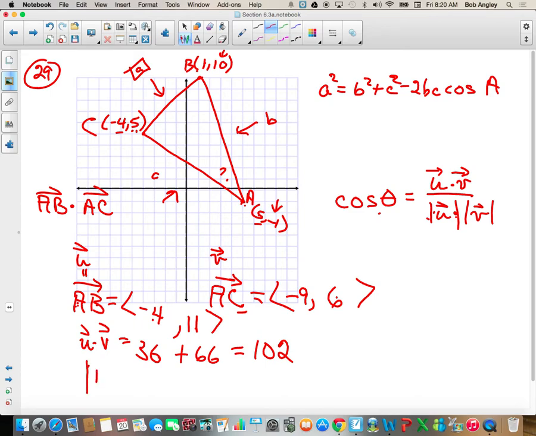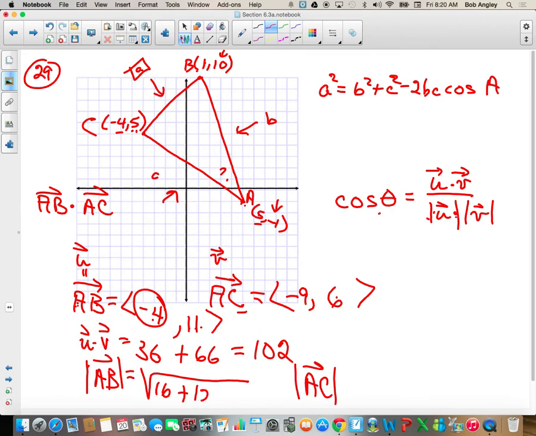Now I need to get the magnitude of AB, and then I'll need to get the magnitude of AC. On getting the magnitude of AB, remember it's the square root of A squared plus B squared. So if we come back up here, it's going to be this number squared plus this number squared.